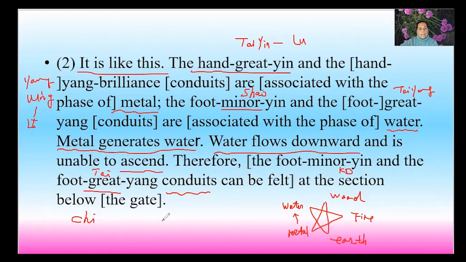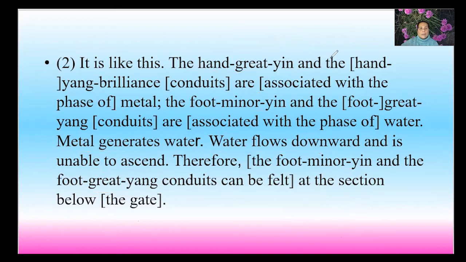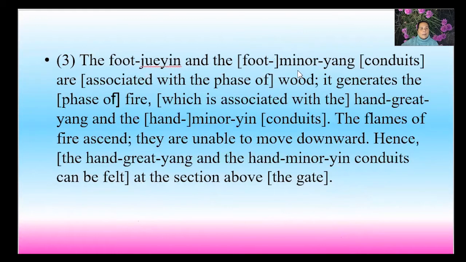So you feel the kidney and your bladder in the chi position because they flow down. And then we're talking about the foot Shao Yang, the minor yang, still small.